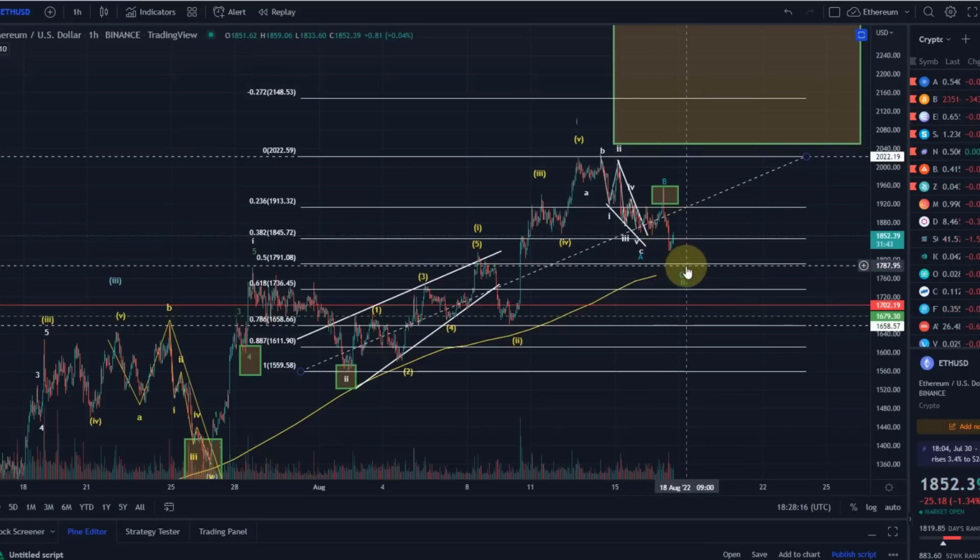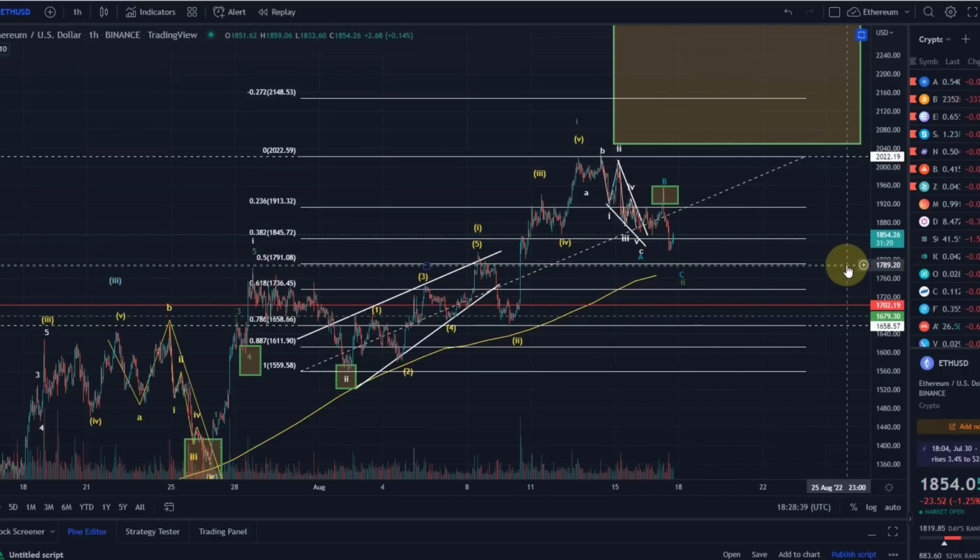Just below that, we've got the 50% Fib level at 1791. Now you can already see that this is a key support level, which is basically matching the 1787 level, which is the 1-to-1 ratio between wave A and wave C. So here we've got a confluence of support, which, again, you have a retracement level that is very important for a wave 2, and you've got the A to C proportionality target.